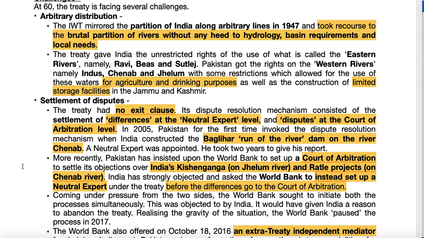All the differences, the term used here was differences and not disputes, were to be settled by a neutral expert. Who is a neutral expert? An expert who has no visible interest in India or Pakistan gaining anything from this treaty. So that person would be a neutral person.